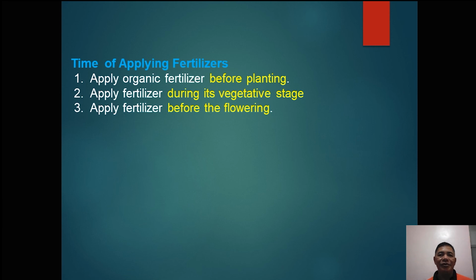However, there should be a consideration on the weather condition. If the weather condition is bad, it's raining, do not apply fertilizer because it might be washed away. Except of course in rice production, you can apply fertilizer through top dressing when it is rainy.